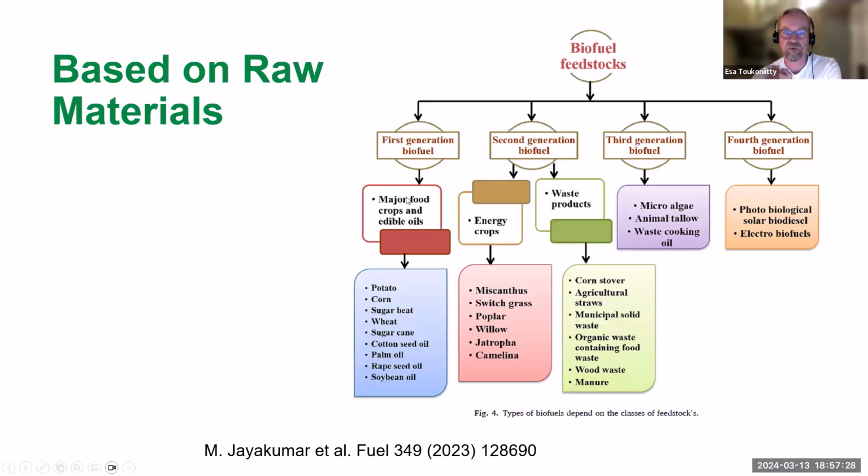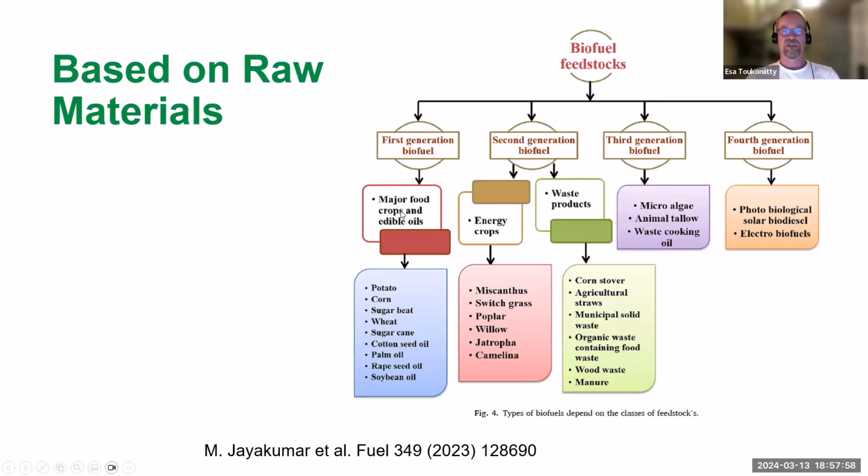So here is like food crops, edible oils, here energy crops, waste materials, then some animal, microalgae, waste cooking oils, and also other raw materials. These 3rd and 4th generation biofuels are not that well clarified or defined, but these 1st and 2nd are quite clear.